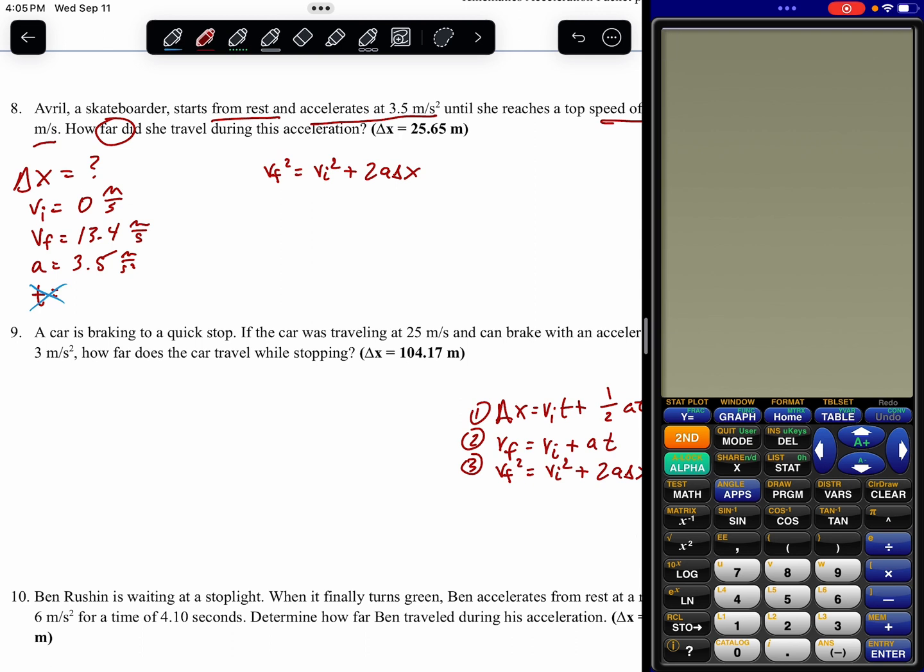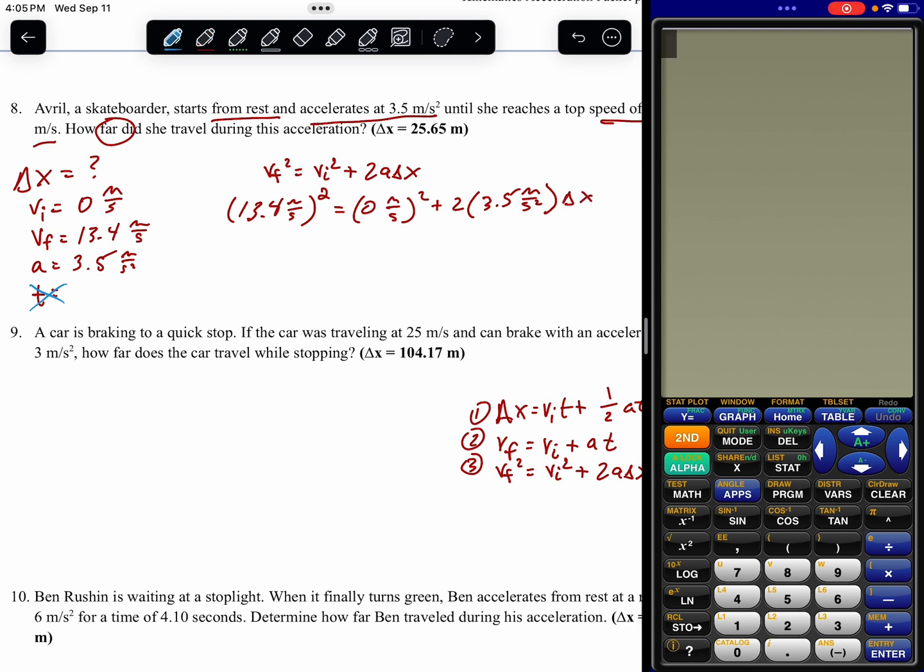So v final is 13.4 meters per second squared. Starting velocity is 0 meters per second squared. We have 2 times 3.5 meters per second squared times delta x.